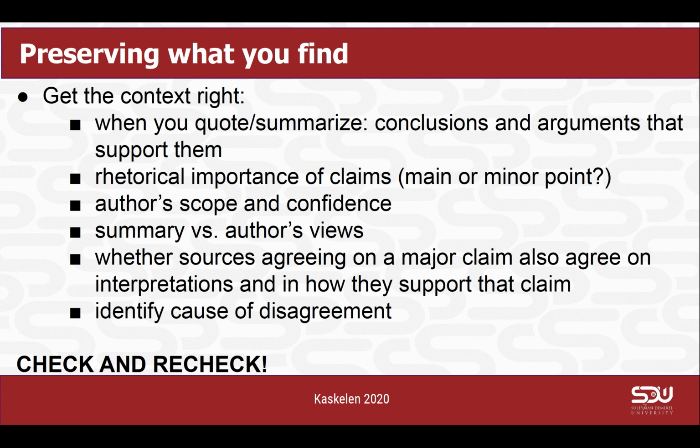It could be that even though they agree on a major conclusion, their data or analysis, or the quality of data, are completely different. So maybe one of the sources isn't as reliable as you would imagine.